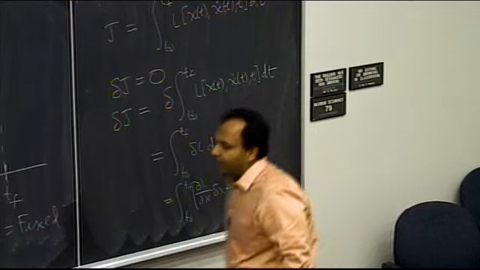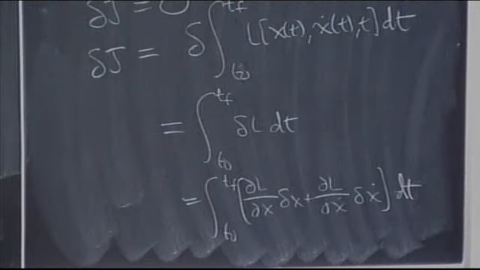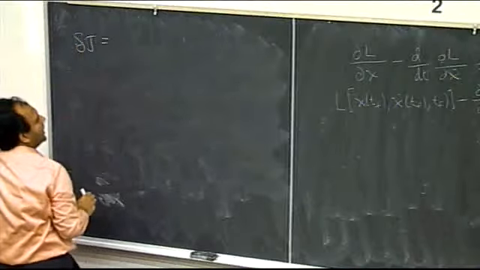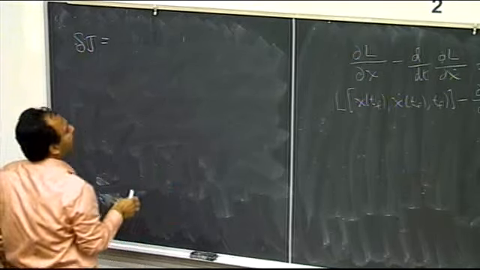Now, if you look at this, you say, well, it doesn't look any different from the first problem that we did, which had fixed endpoints. But let's go a little bit deeper. So I know that if I integrate by parts on this second term, what do I get? The variation in J is going to equal, well, it's uv minus the integral of v du. So what do I get?